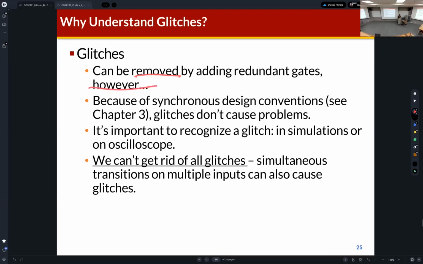But it's very hard to remove all glitches. You need to remember, you can remove glitches by a redundant gate. It's possible, but it's very difficult.